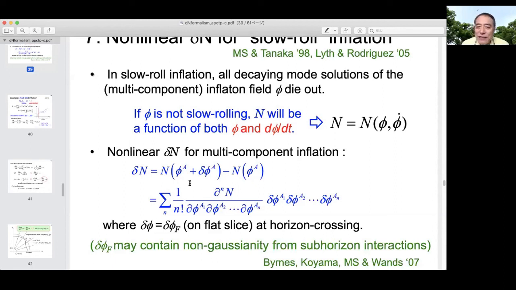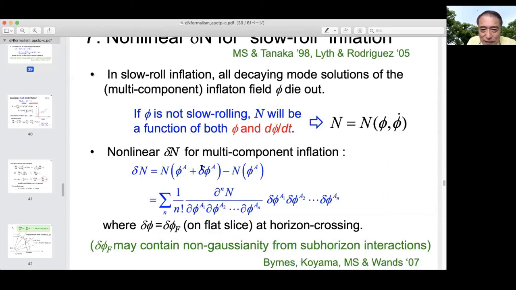What I understand is that usually you may write down a formula where you have the background plus fluctuations, which gives you the number of e-folds and so forth.